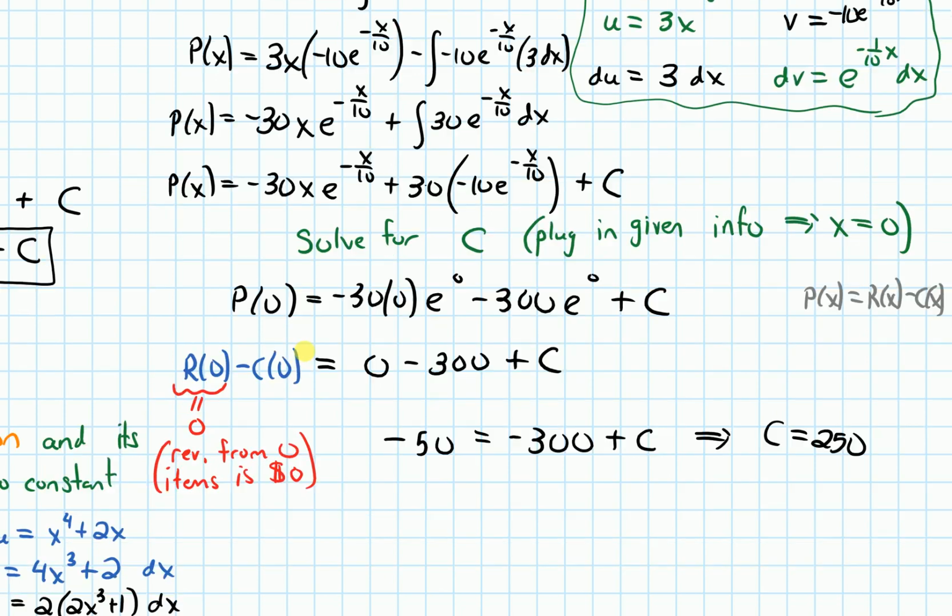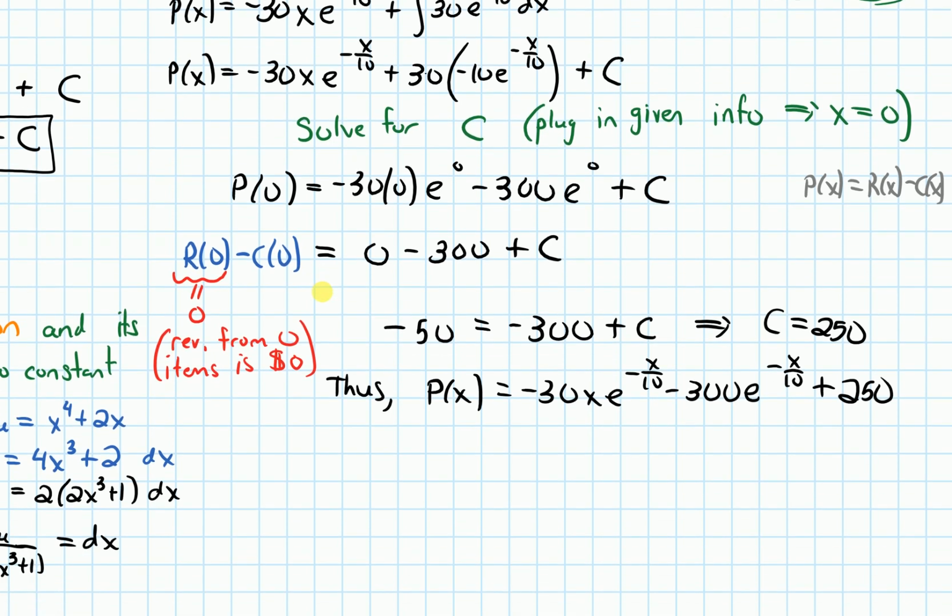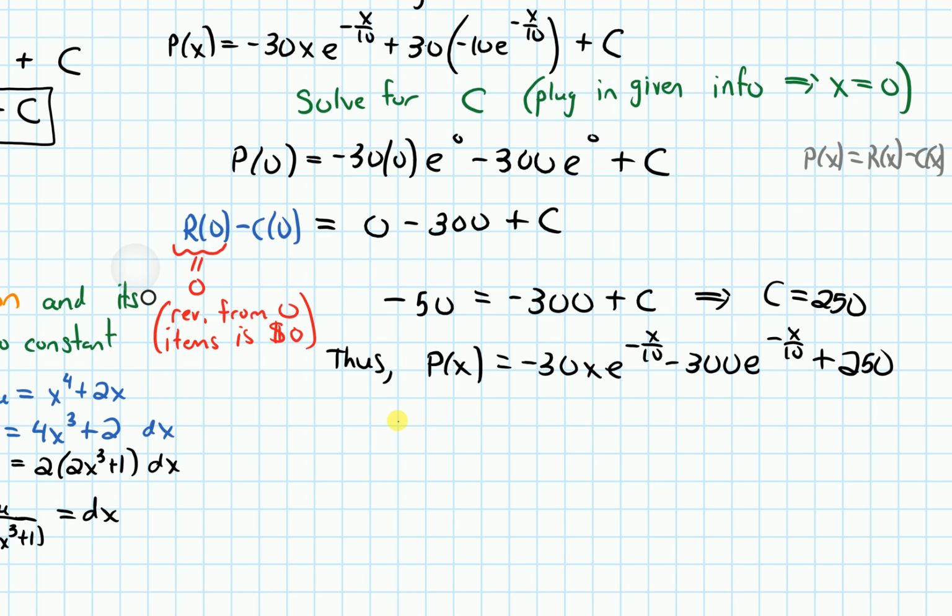Alrighty, so now we can plug in and write our profit function. Thus, P of x, our profit function, is negative 30x times e to the negative x over 10, minus 300 e to the negative x over 10, plus c. And now I know c is 250. Finally, we're ready to plug in 10 to get the profit from selling 10,000 phones.